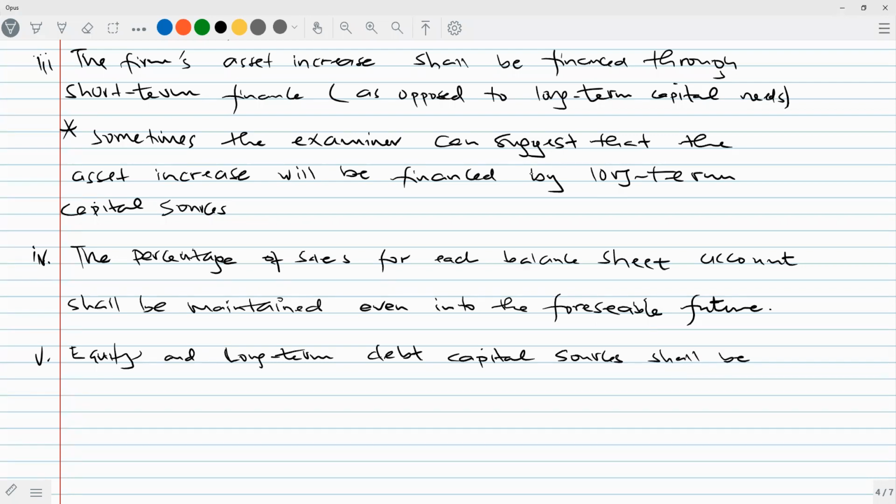Equity and long-term debt capital shall be maintained.